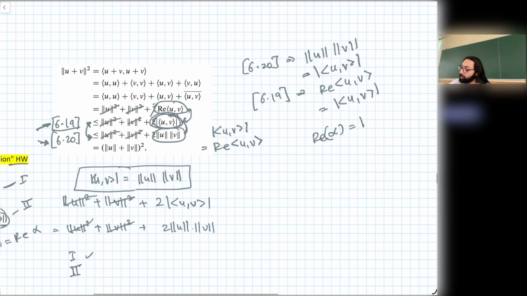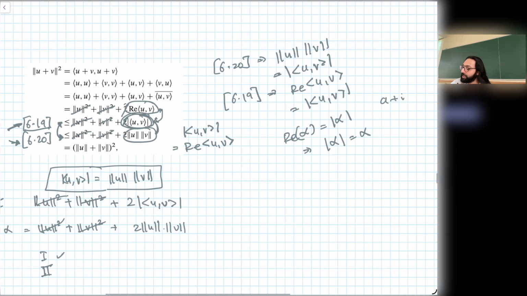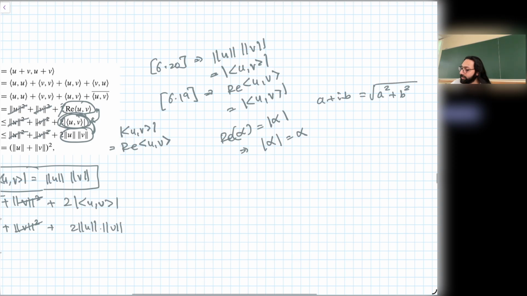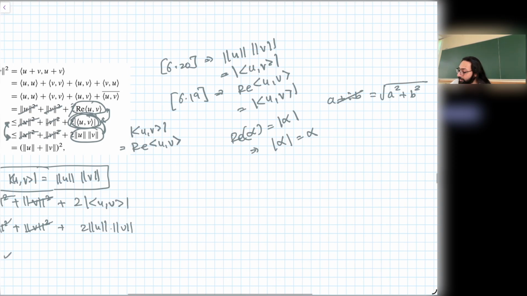If the real part of a complex number is the same as the magnitude, this implies that the magnitude of alpha is the same as alpha itself, essentially. Because a plus ib has magnitude the square root of a squared plus b squared. So you're just concluding that. If a is equal to the square root of a squared plus b squared, b has to be 0, basically, right? That's all.